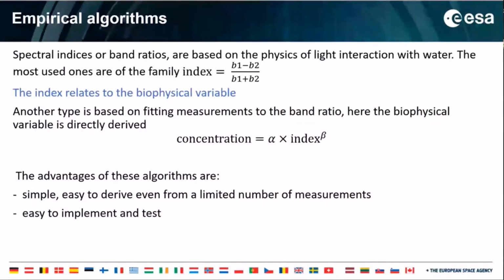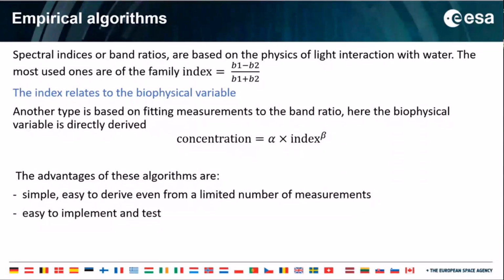When I mention spectral index, most of the time they refer to a sort of ratio, and they have a physical foundation based on how light interacts with these specific water quality parameters.